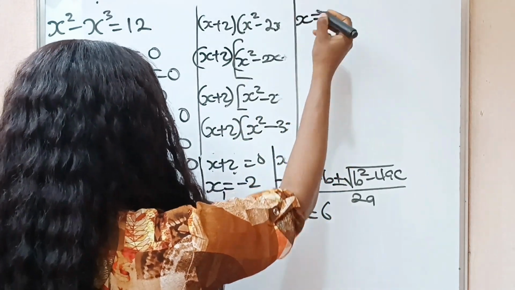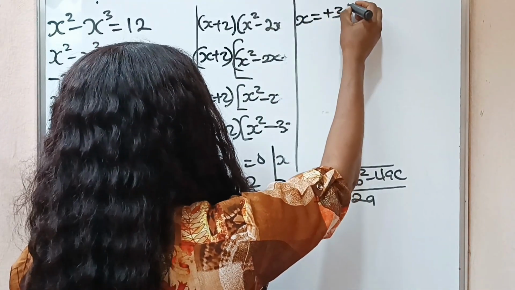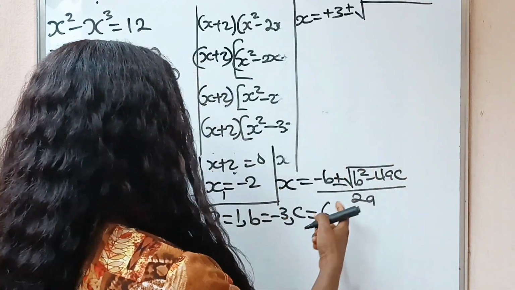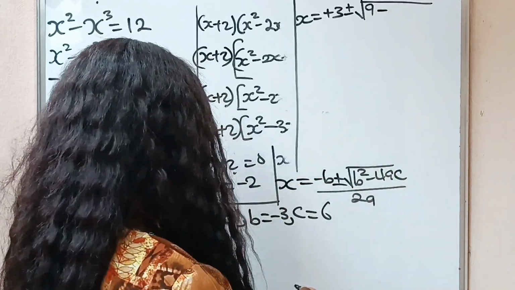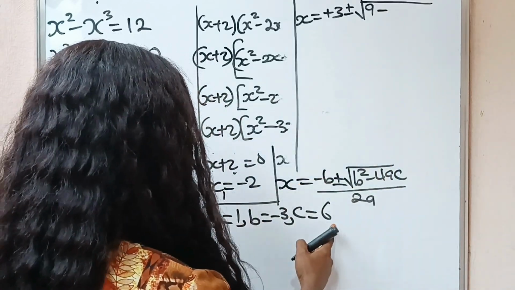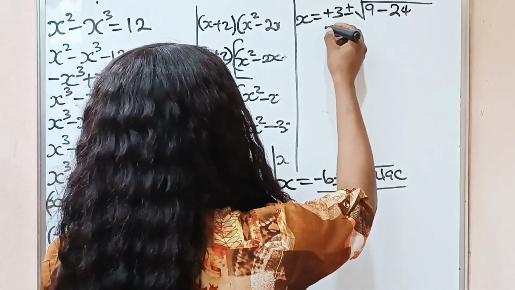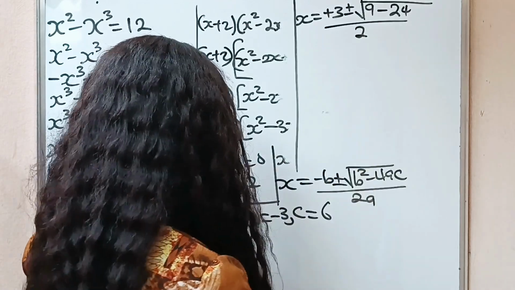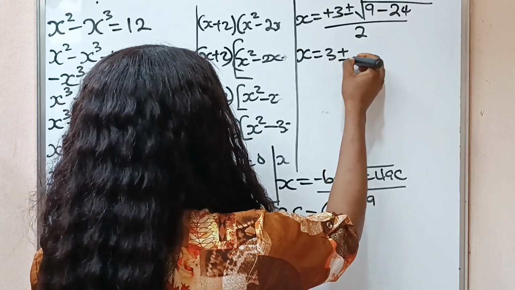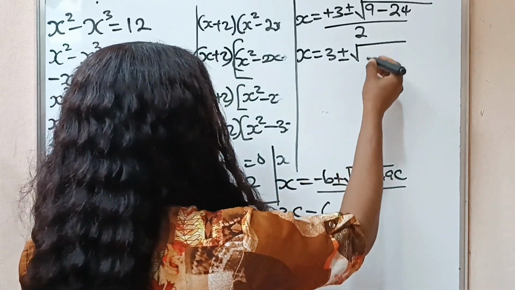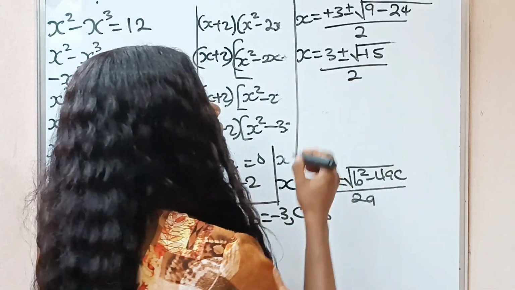So we can write that x = −(−3), which is plus 3, then plus or minus the square root of b², that is (−3)², which gives us 9, then minus 4ac, that is 4 multiplied by 1 multiplied by 6, which gives us 24, because 4 times 6 is 24, divided by 2 multiplied by 1, since our a is 1, which is still 2. So x = (3 ± √(−15)) / 2.